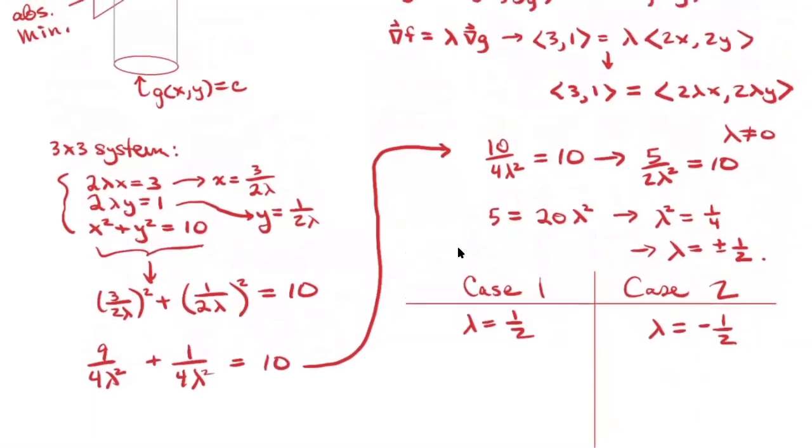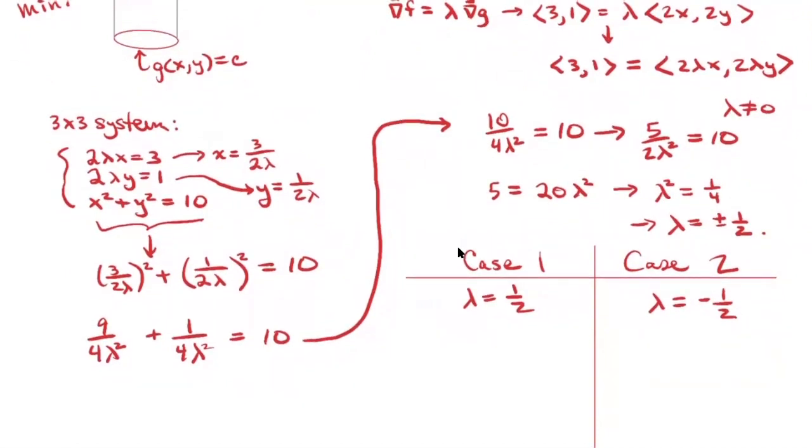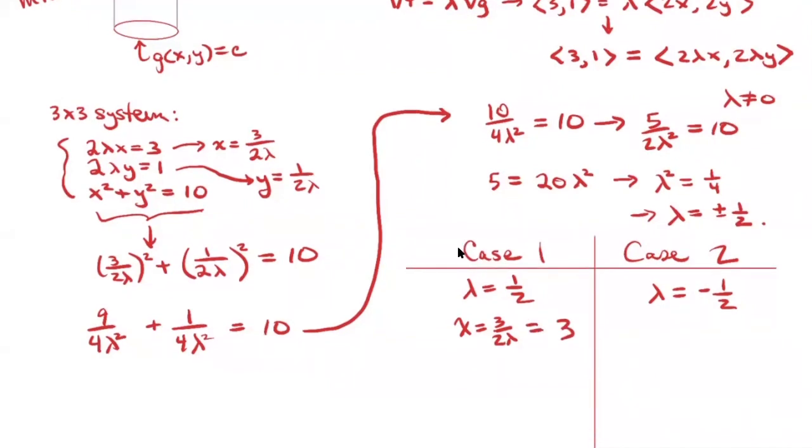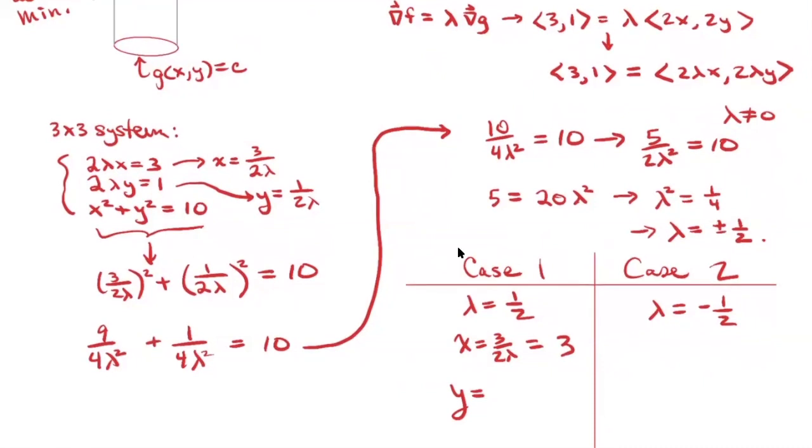In case 1, I think, what was it? X was 3 over 2 lambda. In both cases, actually, x is 3 over 2 lambda. And if lambda is a half, I think that's just 3. Y is 1 over 2 lambda. So that's 1 over 2 times a half, so that would just be 1.